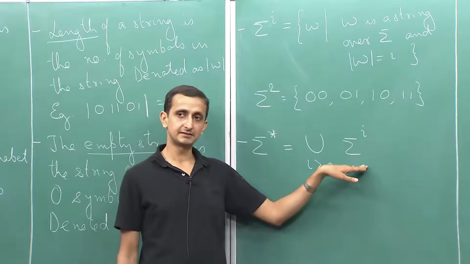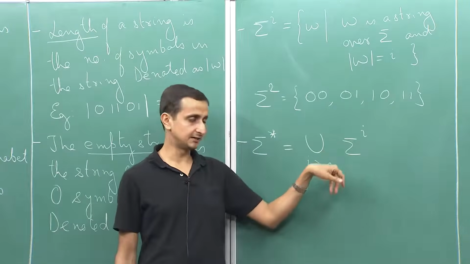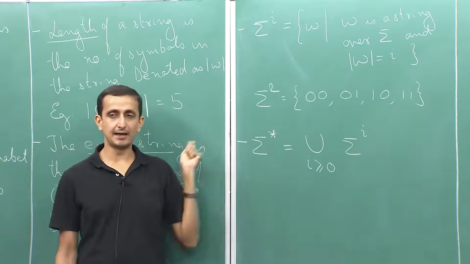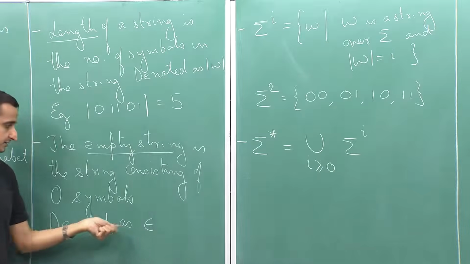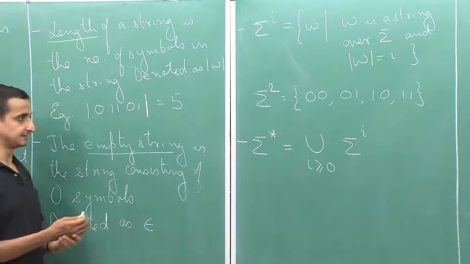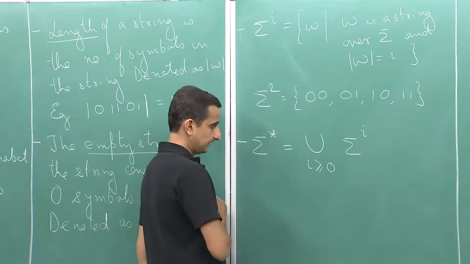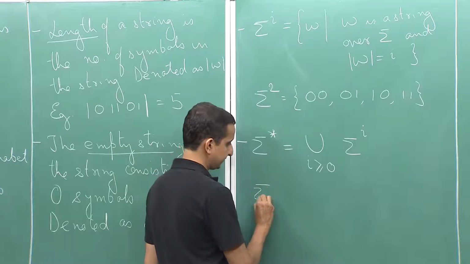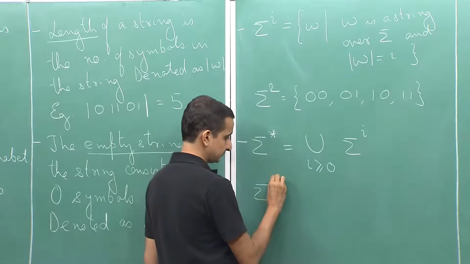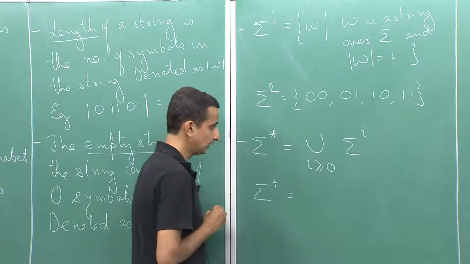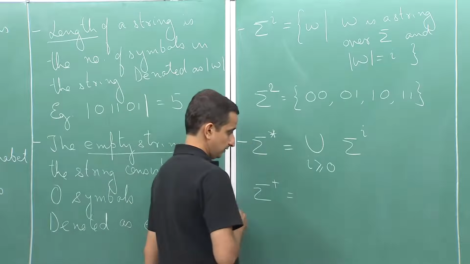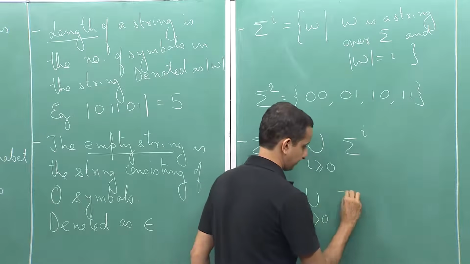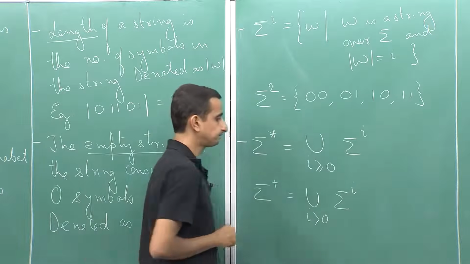Okay, so, what are the strings that have length 0? Okay, so, sigma 0 is the set consisting of only the string epsilon, okay, because as we defined, epsilon is the only string which has length 0. And although the following notation is usually defined, it is very sparsely used. So, sigma plus is the set of all strings that have length strictly greater than 0. Okay.